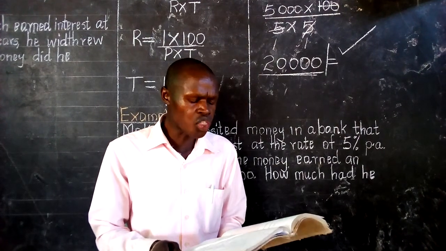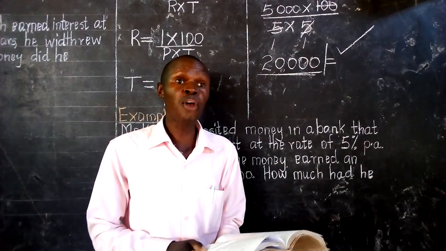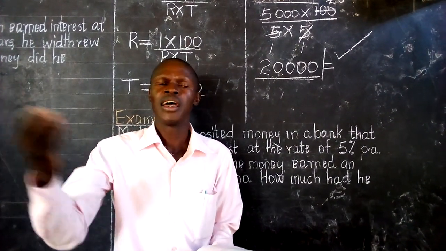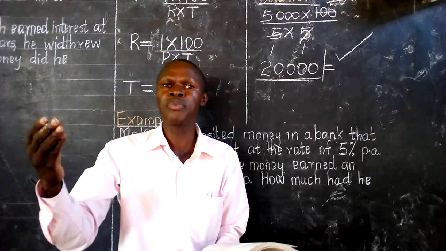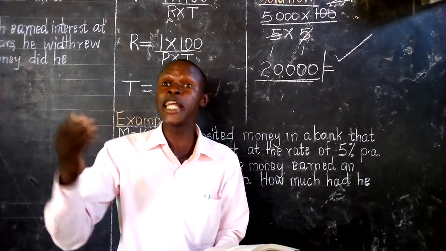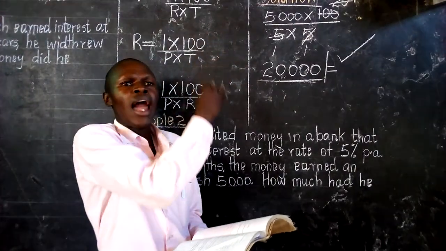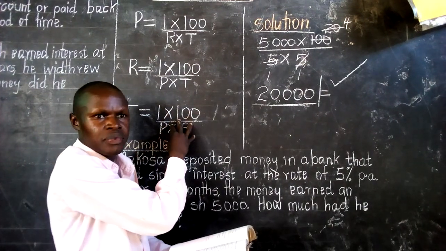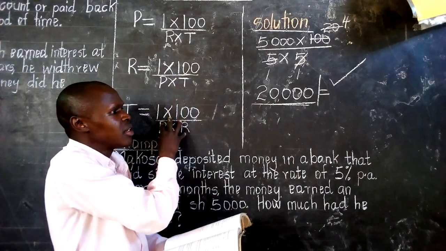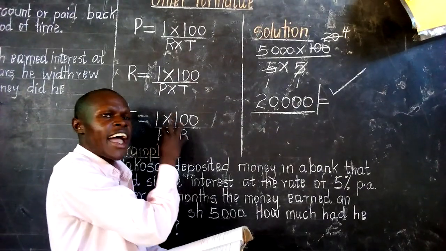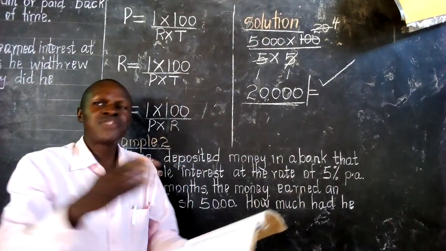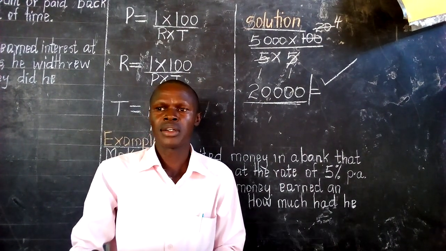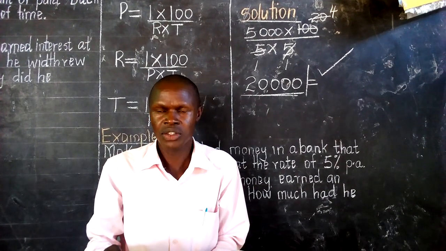You can also go through some questions from the question papers, questions that ask about rate, questions that ask about time, questions that ask about principal, and you work out using the formulas I've given here. Copy the questions down and work out using the right procedure. After doing that, you submit your book for marking. Where? School.